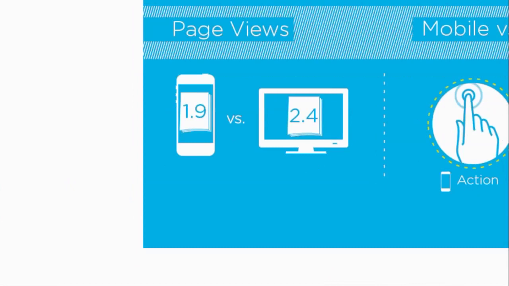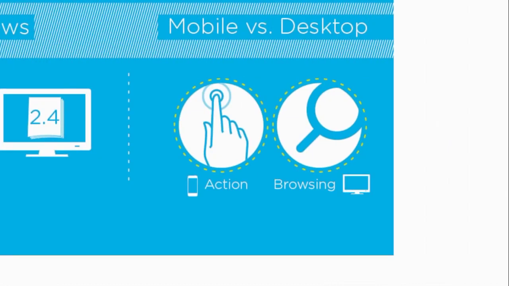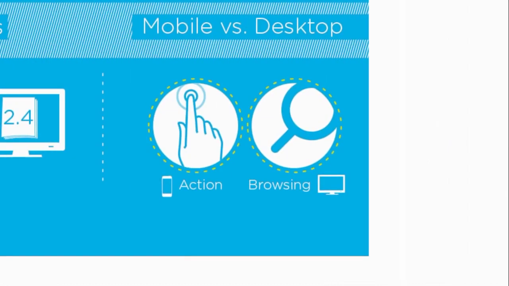We want to make sure we cater to the audience, which brings us to our point here that mobile versus desktop is different. Mobile web is action web. Things that you do on a mobile device all lead to an action, or what we like to talk about as an outcome. Desktop is research web. The psychology between the two is so different that we're seeing mobile fail in so many places because people look at mobile just like it's desktop.